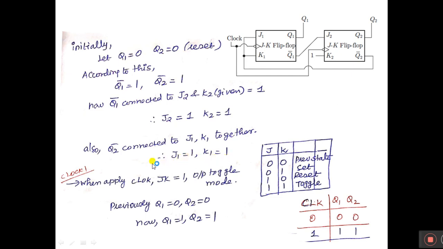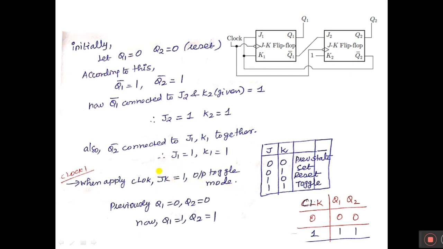Now when I apply the first clock pulse, J and K are already 1 1. If J and K are 1, the output toggles. Toggles means 0 becomes 1, 1 becomes 0.